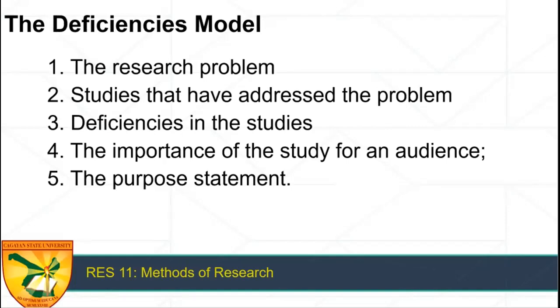Introduce the problem first. The first part is the research problem. And then next is the studies that have addressed the problem. And then the deficiencies in the studies, or what you call the unknown of the studies, what's unknown. And then the importance of the study for an audience and the purpose statement.